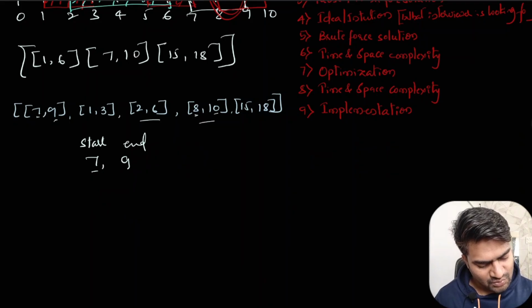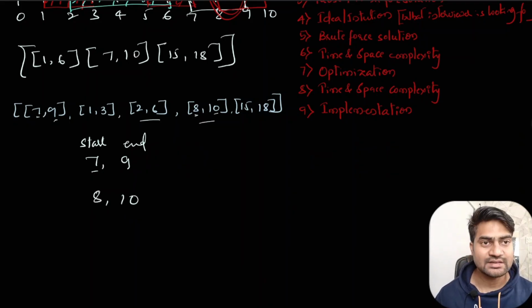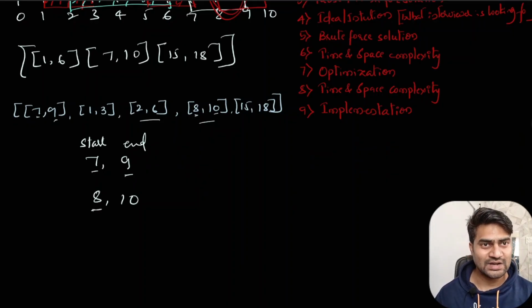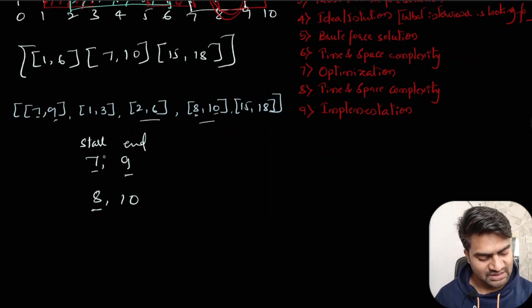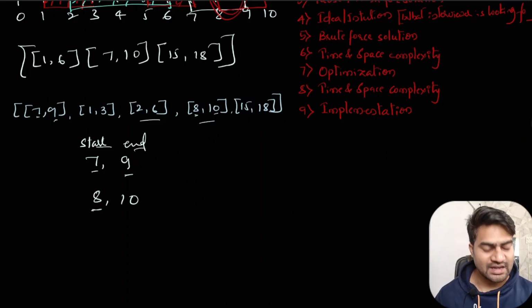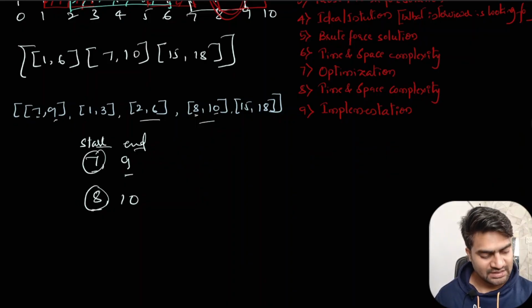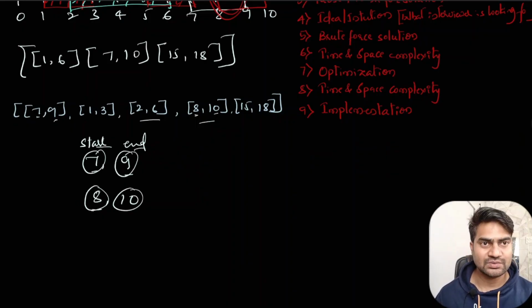Now I will go to 8 and 10. If you see, this 8 is less than 9, it means it overlaps, right? So if that is the case, then we will merge here. To merge this with this start and end, we need to take the minimum of these two, then the maximum of these two, correct?